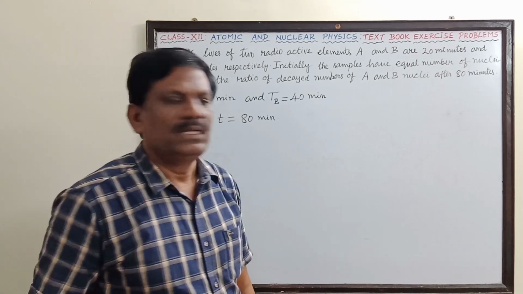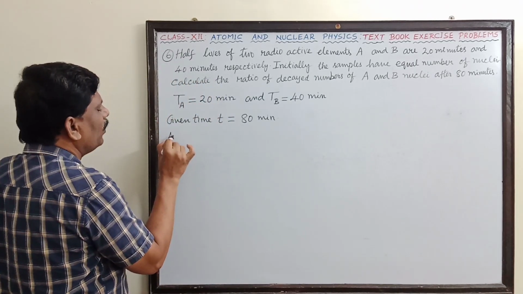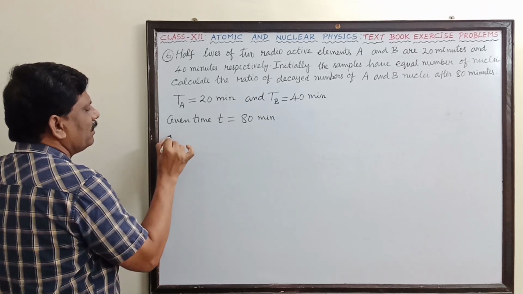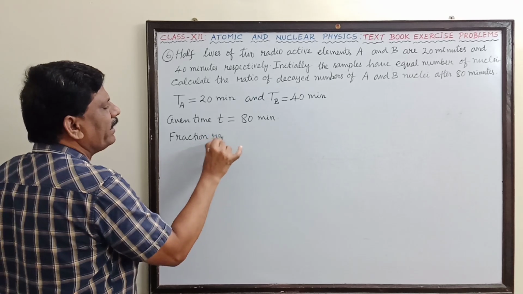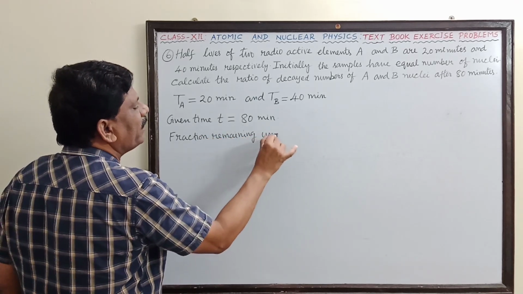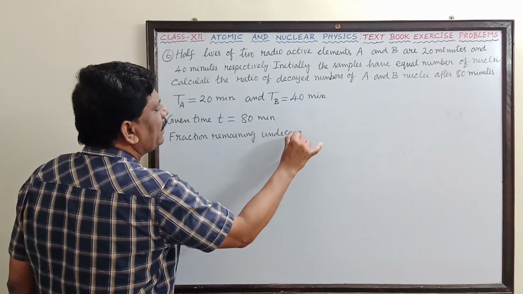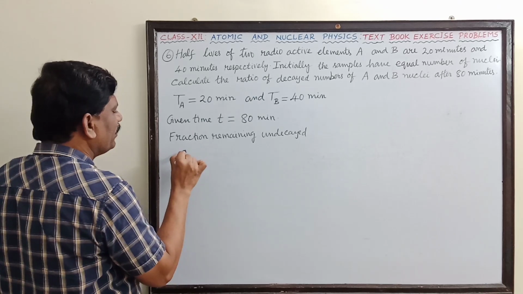So the expression we are going to use is the fraction remaining undecayed. We have studied, is it not? We have derived the expression for the fraction undecayed. That is given by what?